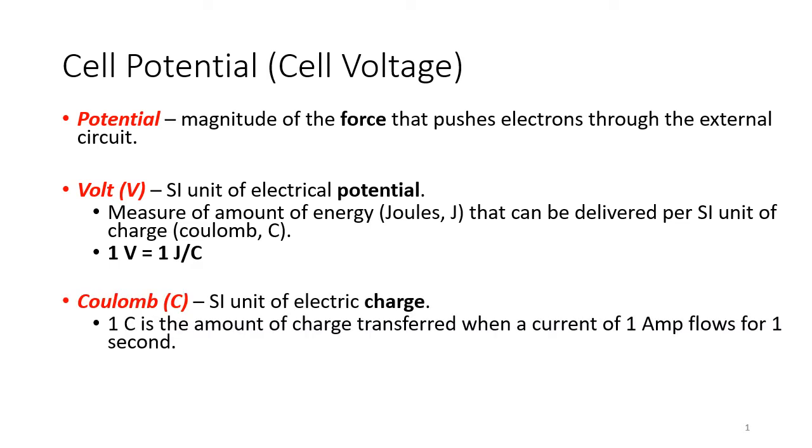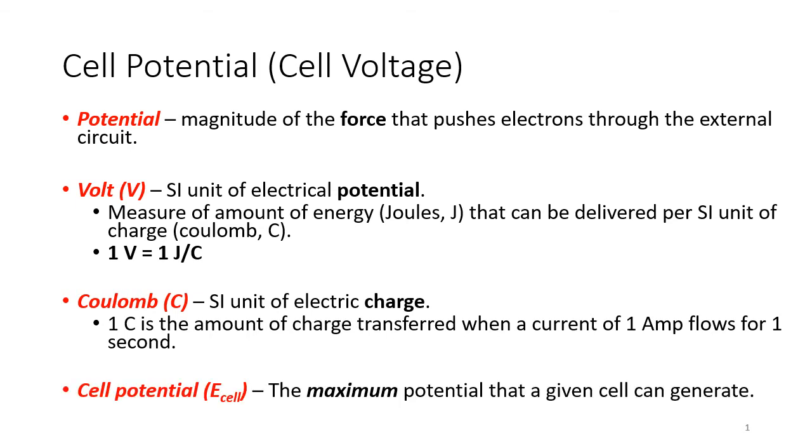As we just said, the coulomb, symbol capital C, is the SI unit for electrical charge. 1 coulomb, technically the formal definition, is the amount of charge that's transferred when a current of 1 amp flows for specifically 1 second. Now don't get too lost in all the lingo there. Just understand that a coulomb is our unit representing electric charge.